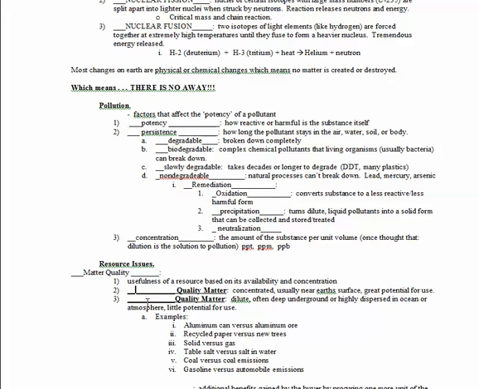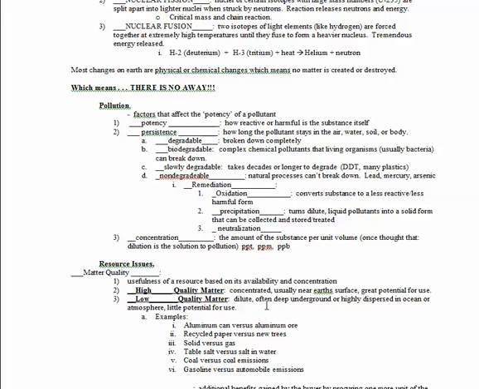So you will have high quality matter versus low quality matter. High quality matter would be things that are highly concentrated. They're usually easy to extract from the earth, so they're usually near the surface, and there's a lot of great potential for use of that.